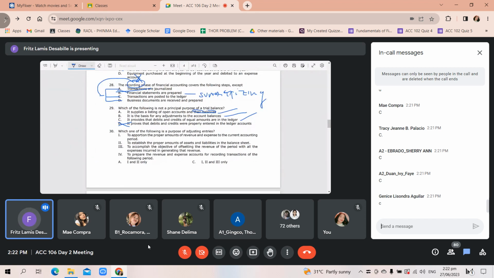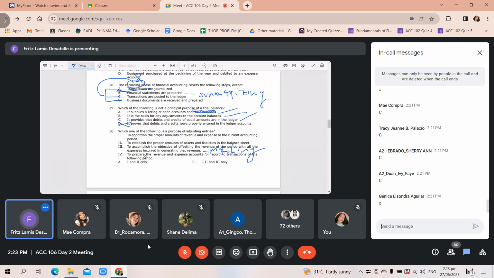Ang tawag ani guys sa number three, please take note, matching. You match your revenue to your expenses. Again, matching means that you recognize revenue with the associated expenses.